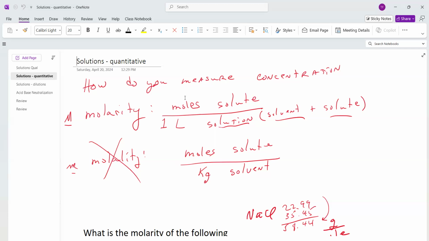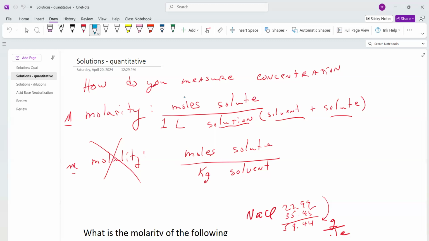Now, it's important that the solution is both the solvent and the solute together, because when you put solute into solvent, the liters go up. Like when you sit in a bathtub, the water goes up. So when you put solute in solvent, the solute displaces a certain amount of the solvent, usually water. So you've got to include those together.